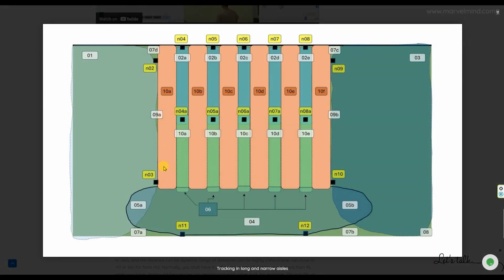So this area is problematic for the same reason as this one, because these beacons cannot serve it well because it's a very narrow angle to them. So yes, they will be tracking, but you can expect good tracking quality or accuracy in this direction and poor in this direction.